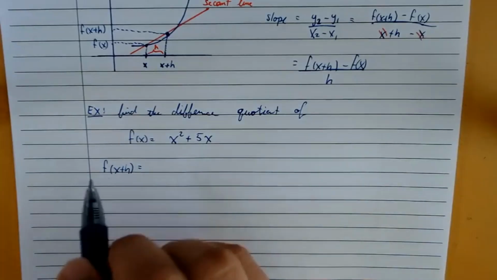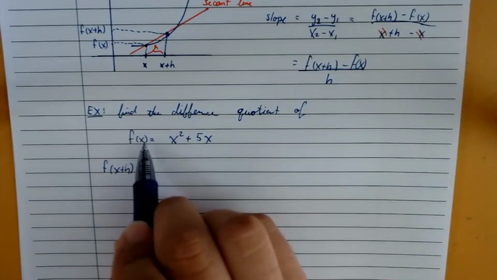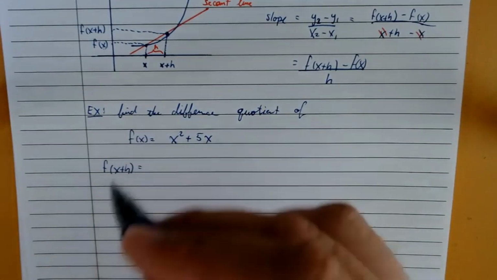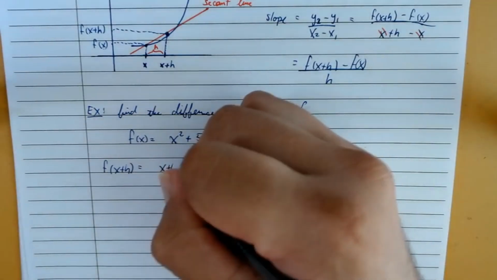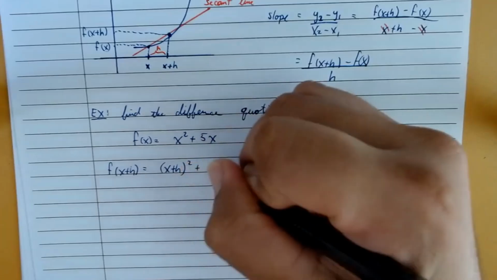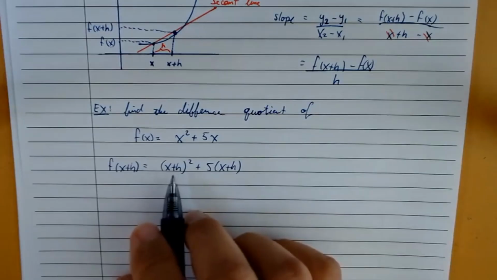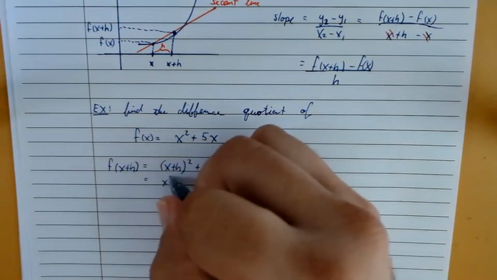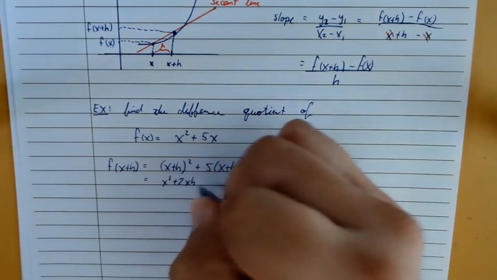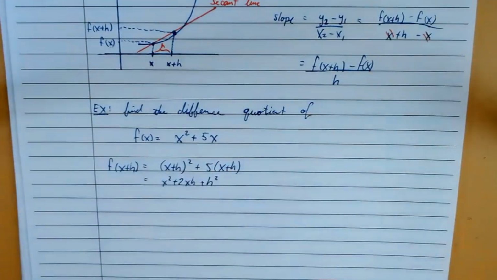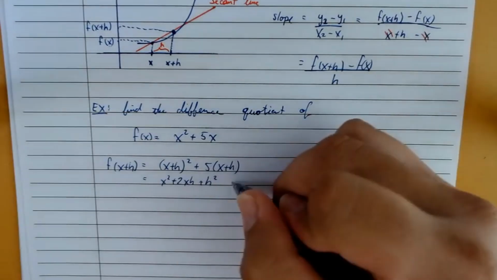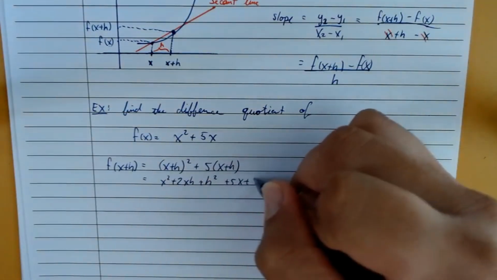Well, f of x plus h is what you get when you take your function, instead of plugging in an x, you replace that with an x plus h. So it's going to be x plus h squared plus 5 times x plus h. If we square this, that's going to give us x squared plus 2xh plus h squared. And if we distribute the 5, that'll give us 5x plus 5h.